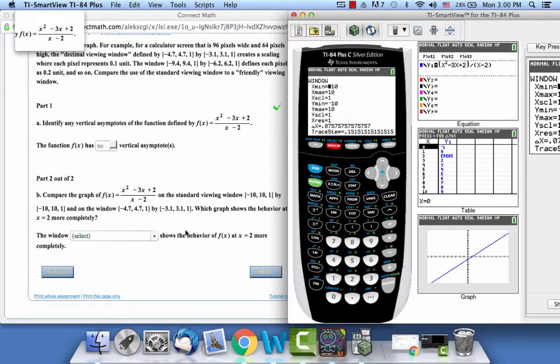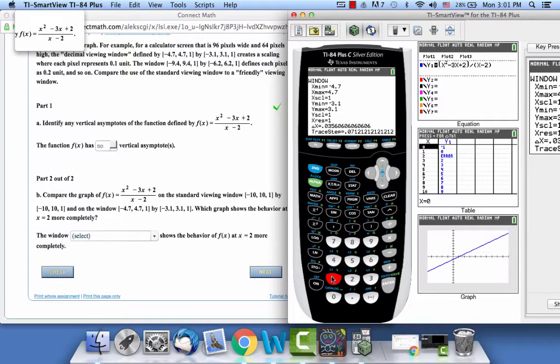So instead of this, we're going to go to x min negative 4.7, still of a scale of 1, and then negative 3.1 to 3.1. So this is doing two things.